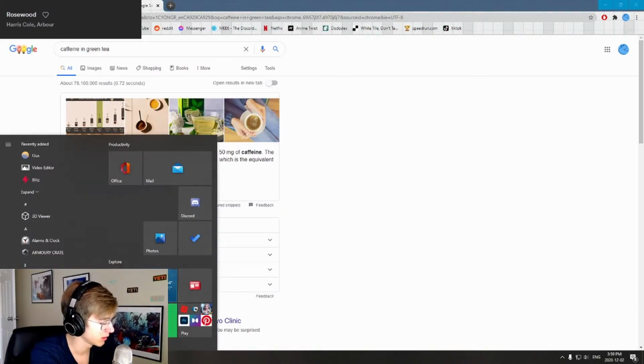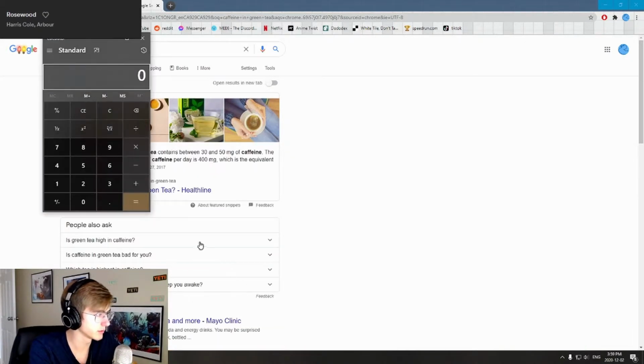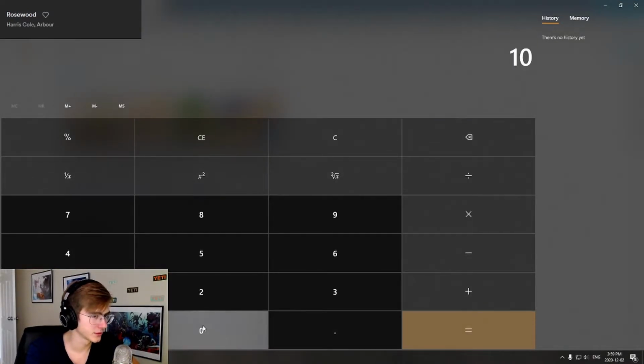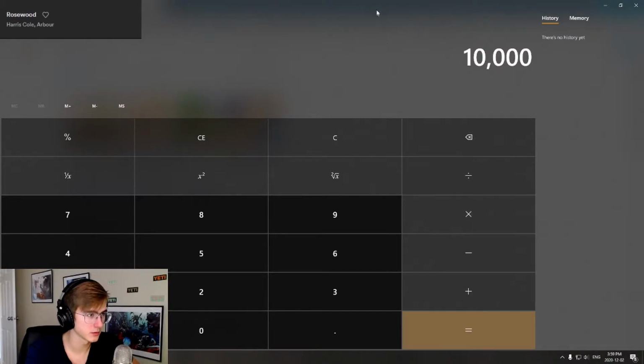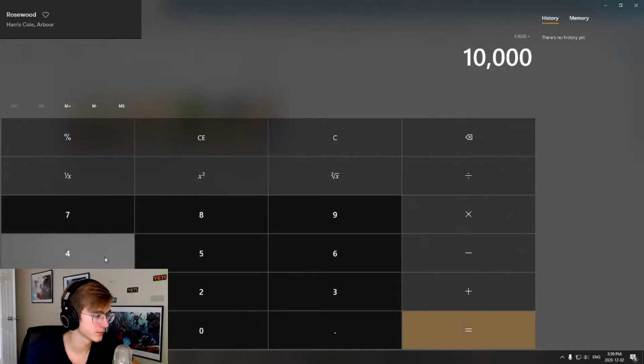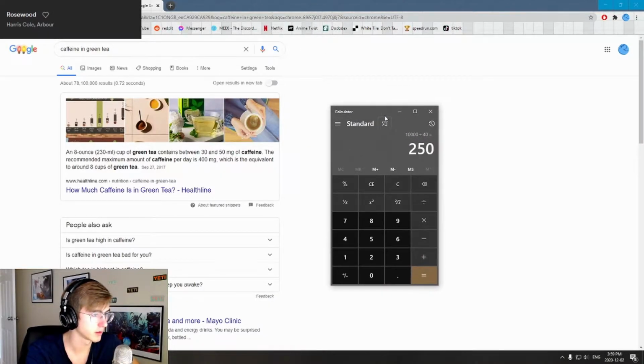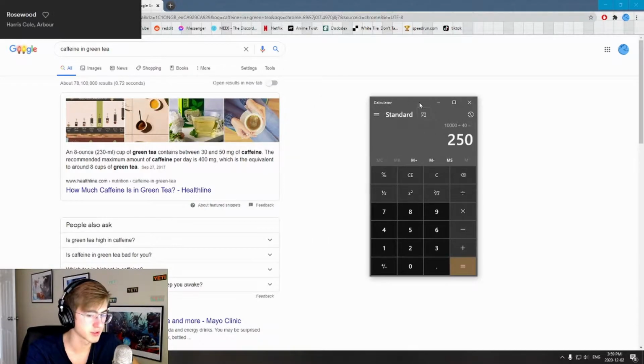Calculator: 10 grams, which is 10,000 milligrams, divided by 40 is 250 cups of green tea.